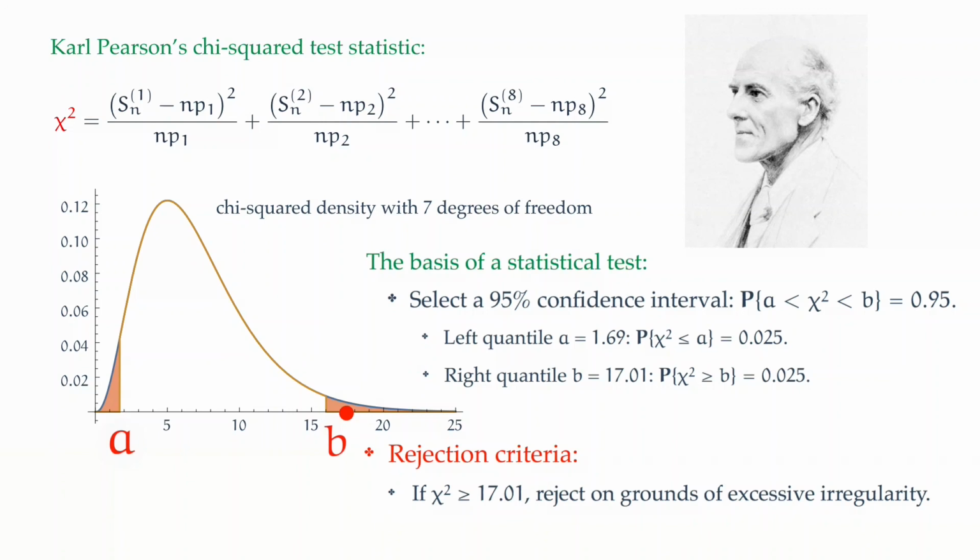And so a second part of this test could be that if chi-squared, the value you compute from your data, is smaller than 1.69, we again reject the data, but this time on grounds of a too suspicious regularity. It's too good to be true. If every one of the Sn values lands exactly where we expect it, that is beginning to look a little like somebody cooked the books. It is making the case for fraud.